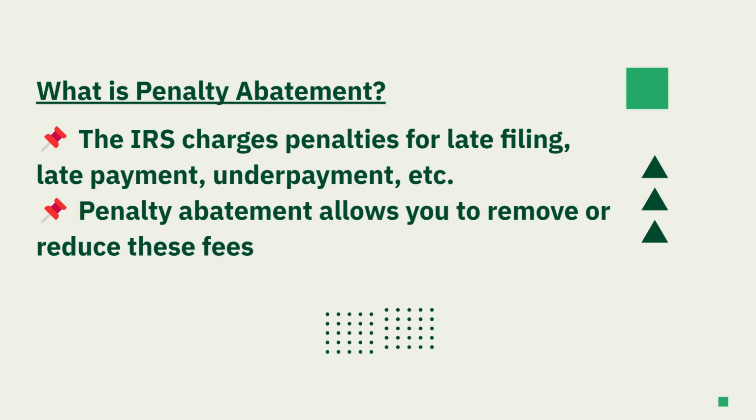And then underpayment penalty. So this is where potentially you just haven't paid enough of your tax bill throughout the year. So the IRS requires typically about 90% of your full tax bill be paid by the deadline, April 15th. So let's use some very easy numbers, right?